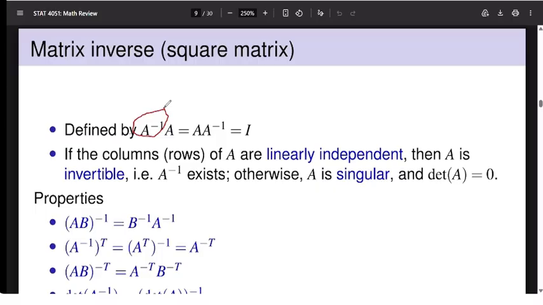Let me tell you this: we have a formula for that, but you don't need to worry about it, because you're going to make use of software.